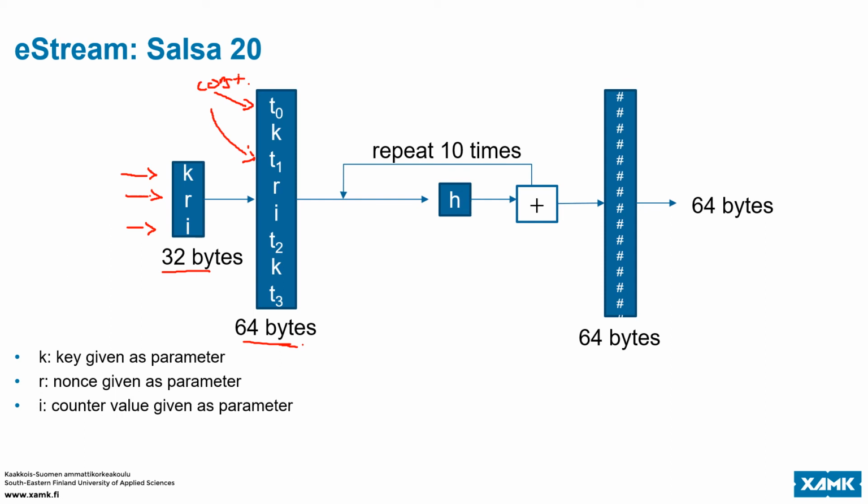Then we feed this expanded bit stream onto another function, which is here denoted with a lowercase h. This is a function that basically takes in 64 bytes of data, and then the function itself simply maps these 64 bytes of data onto another block of 64 bytes.